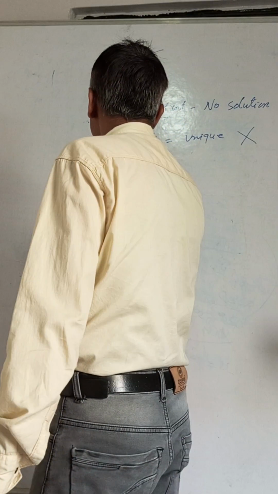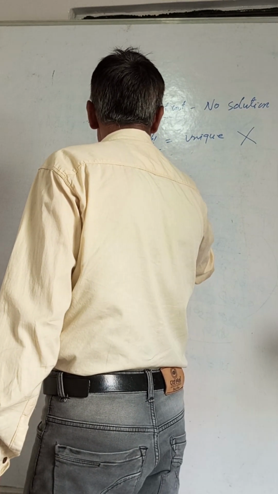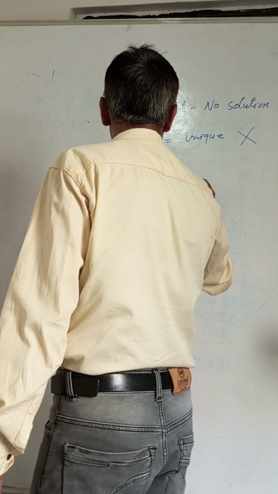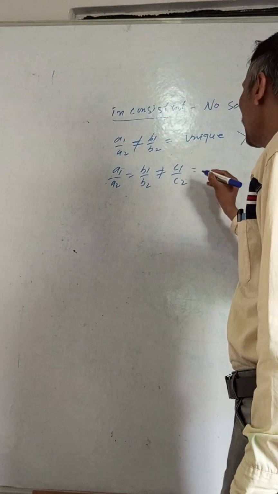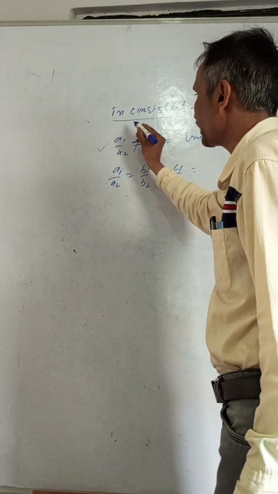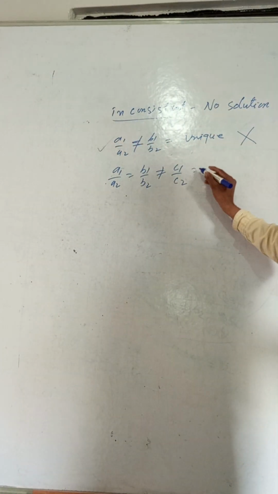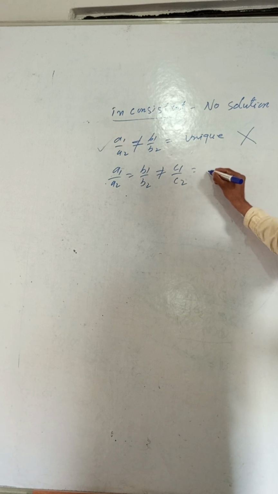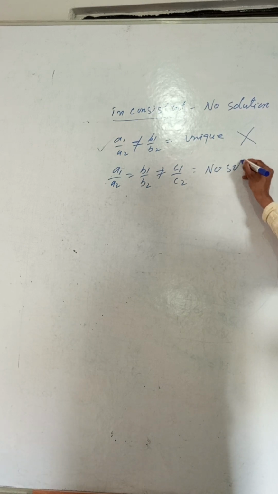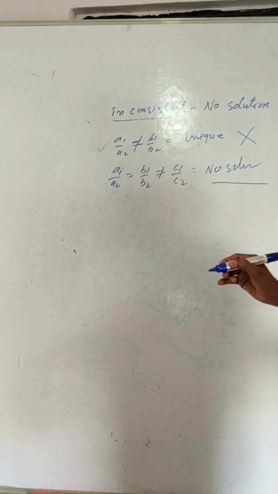If a1 by a2 is equal to b1 by b2 is not equal to c1 by c2, then it is called inconsistent. The answer is that it is inconsistent and there is no solution, and the lines will be parallel lines.